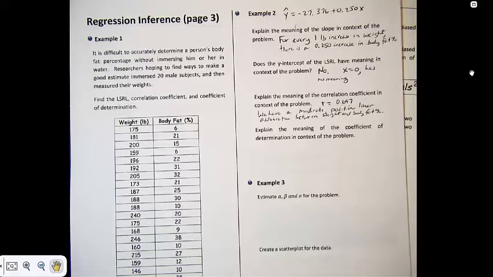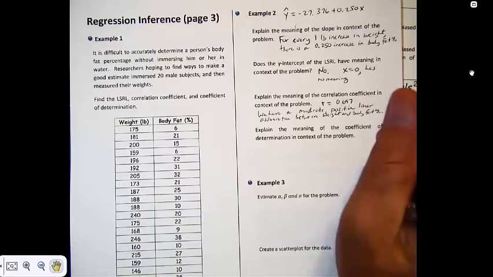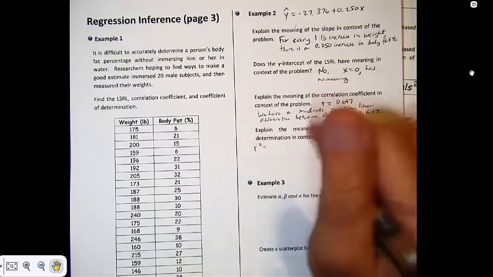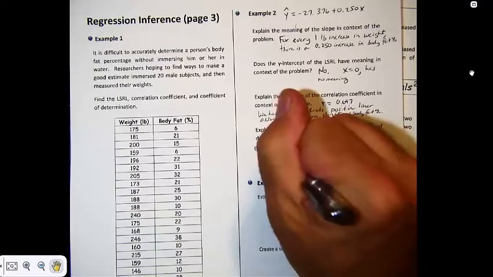Now finally, explain the meaning of the coefficient of determination in context of the problem. The square of the correlation coefficient, which we did on the earlier page, was 0.485.